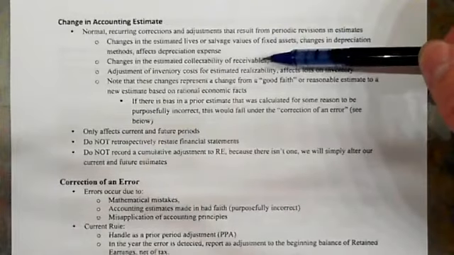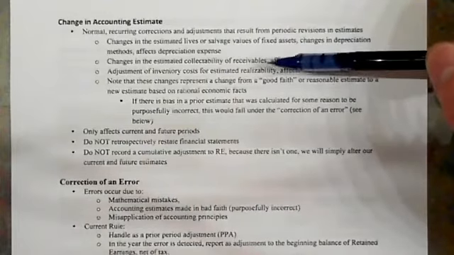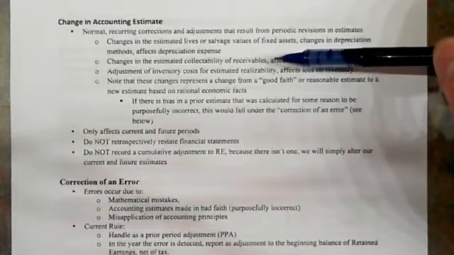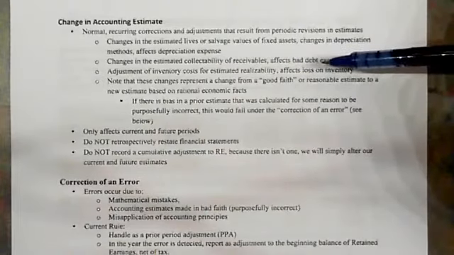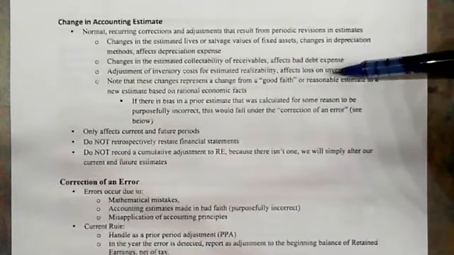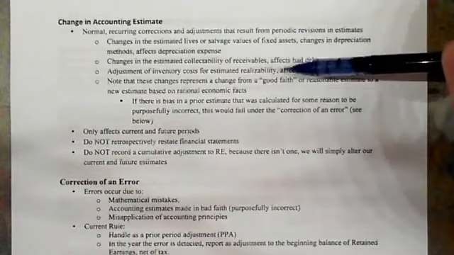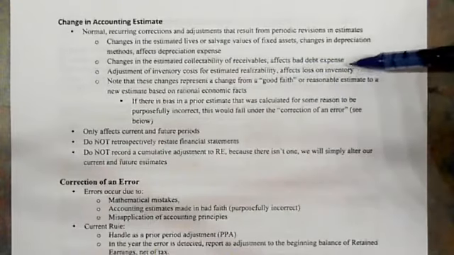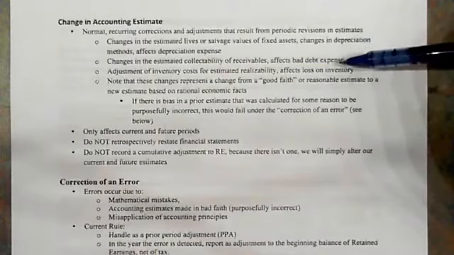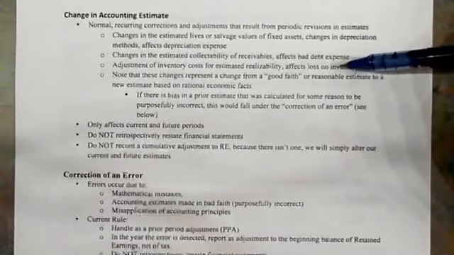The change in the collectability of receivables: if I started to think that I had more bad debts than I was previously anticipating, that would affect the calculation of bad debt expense. The adjustment for what I think I can realize from my inventory would affect what I would realize on the lower of cost or market. We'll get more into these things as they come up in the later chapters.